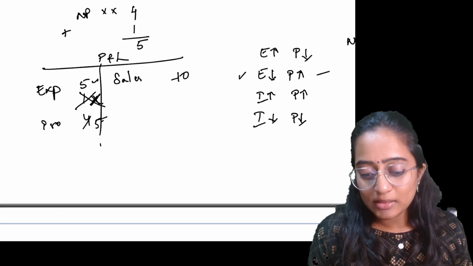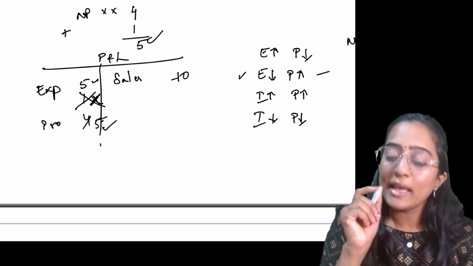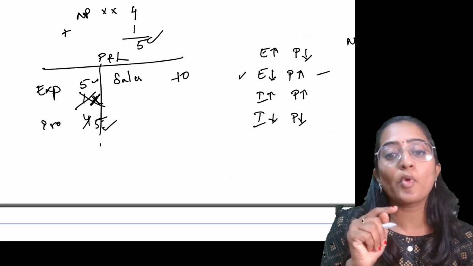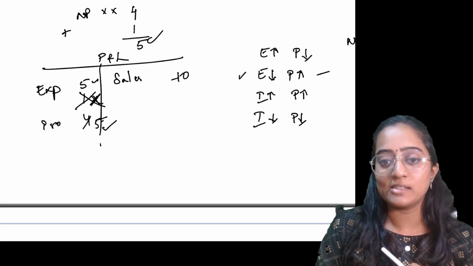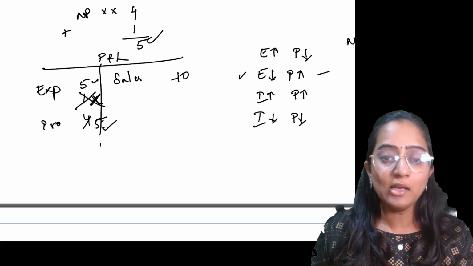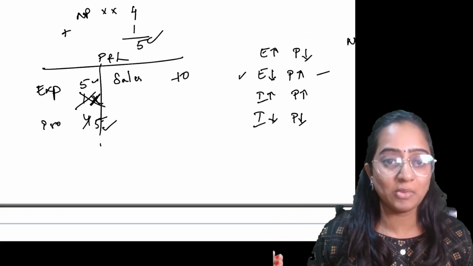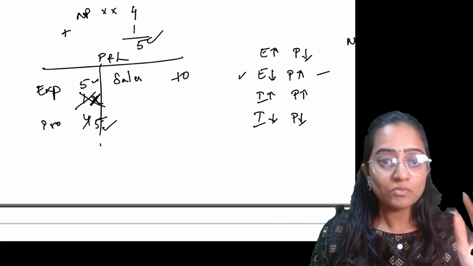This is the same effect that you're giving in your income tax: when your expenses are decreased, your profit increases; when expenses increase, your profit decreases. Clear? Suppose an expense is allowed as per P&L but not allowed as per your income tax. You're going to decrease your expenses, and you're going to increase your profit.